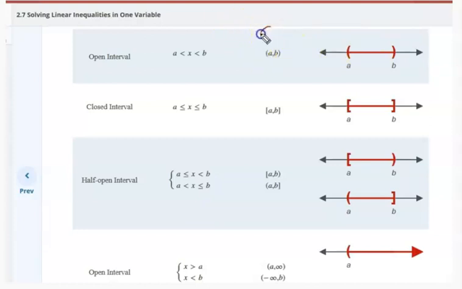Will it be two sets of parentheses, a bracket, two sets of brackets, a bracket and a parenthesis, a parenthesis and a bracket, or just a parenthesis and another parenthesis? So these are all the scenarios that are going to be discussed.